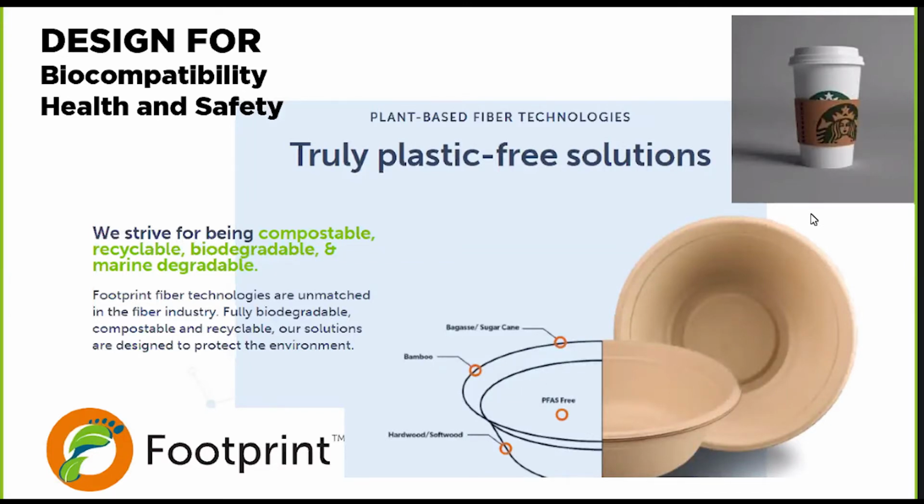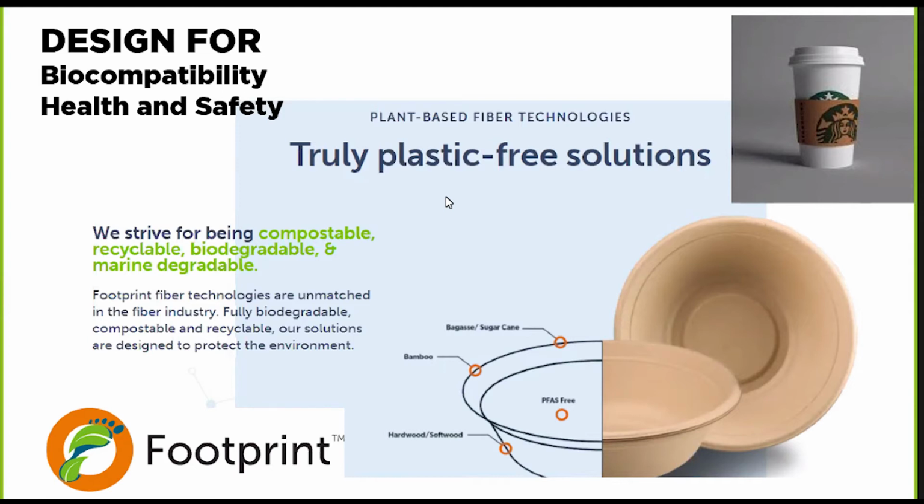Another example of this is this company Footprint, which is essentially taking plant fibers to make all sorts of different containers and products for replacing plastic items that we would see in the grocery store today.